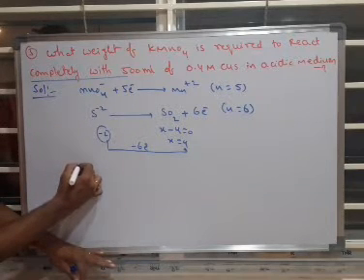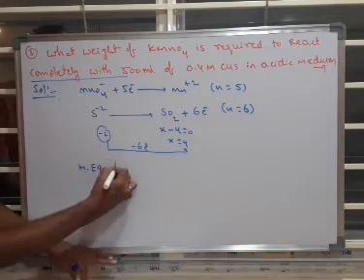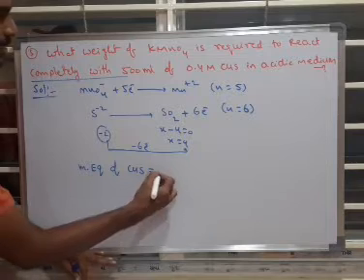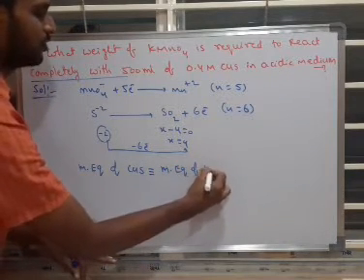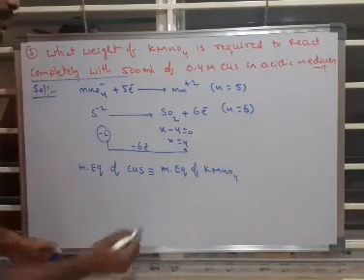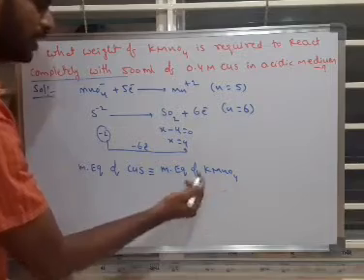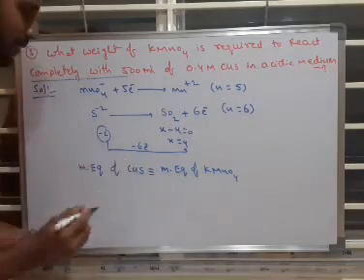So we can write the milli equivalence of CuS is exactly equal to the milli equivalence of potassium permanganate. Actually we have to find the weight of potassium permanganate, so we write it on the right side. We can write any side, no point about it.